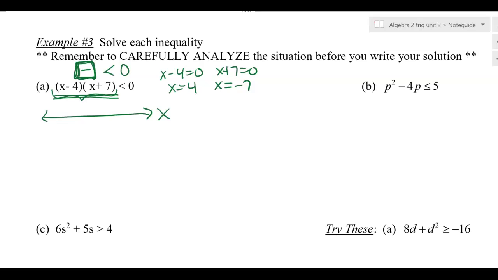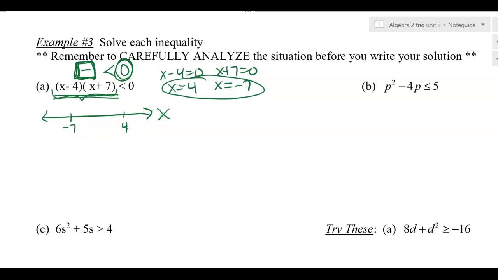And if it goes below the x-axis, those are the negative values of y. I'm comparing it to 0, which means I really just want to see the split between the negatives and the positives, okay? Now, I know exactly where it hits 0 on the x-axis. You guys just found those solutions right here. It will cross the x-axis at -7 and also at +4.